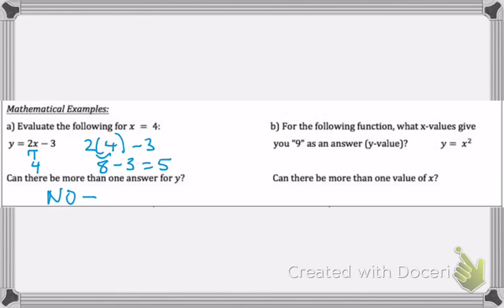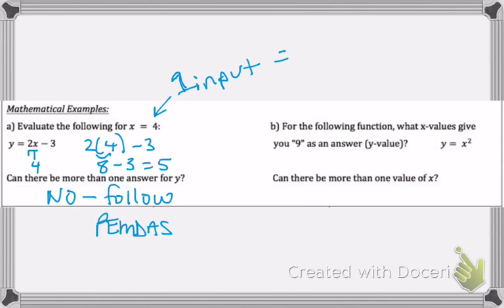The answer is no. We have to follow PEMDAS. So if Johnny did that calculation, he would get 5. If Miss Thompson did that calculation, she got 5. And if the President of the United States did that calculation, he should also get 5. So that's the example of for every one input, we get one output.